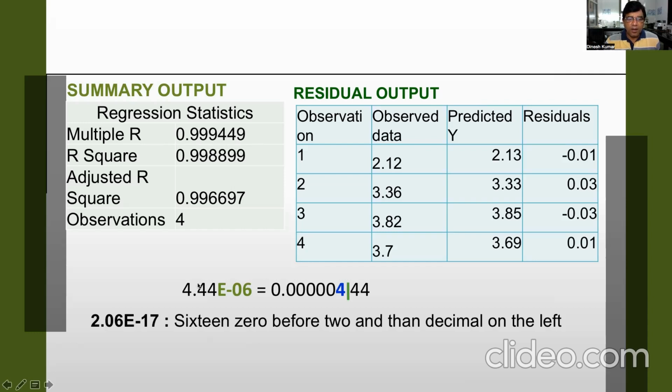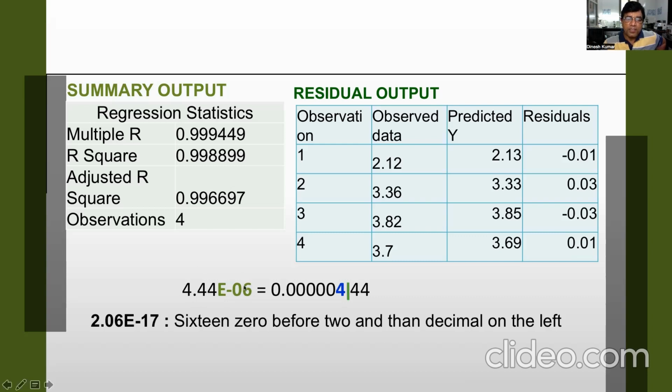And then one thing I want to tell you, that in Excel, sometimes you will get data in this form, 4.44E-06. In Excel, when you have large data, after decimal or before decimal, whatsoever, when you have 10, 12, 13, 14, 15 digits in one data, then Excel may give you this kind of results, 4.44E-06.